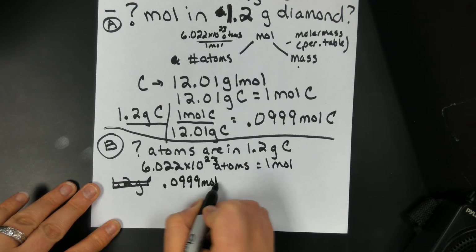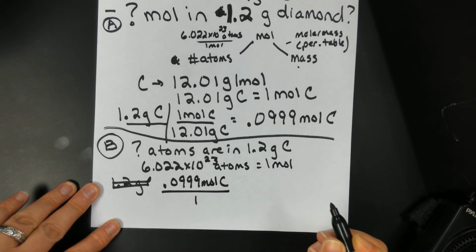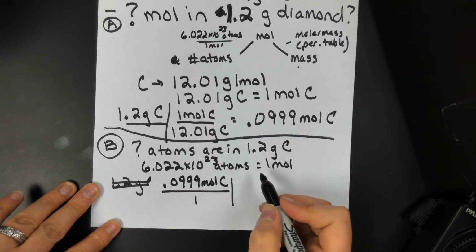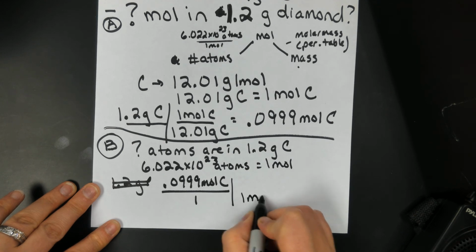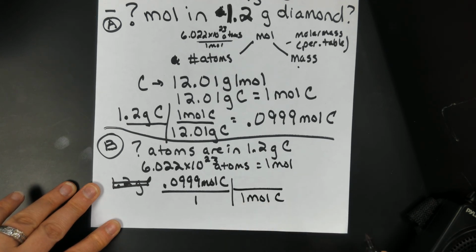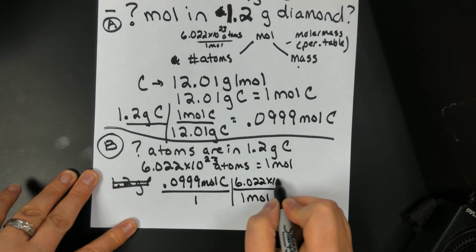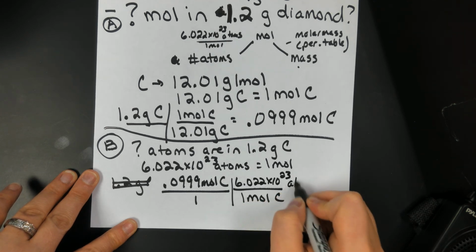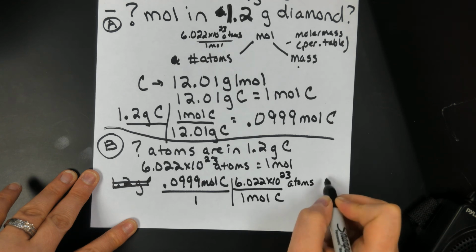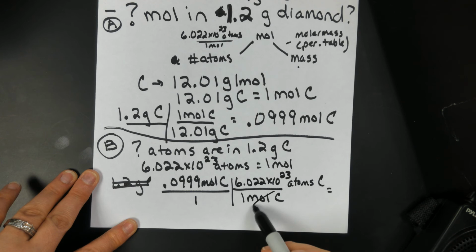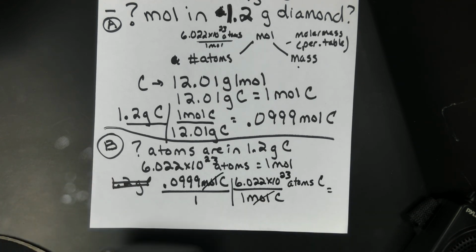Start with your given, 0.0999 mole of carbon, put it over 1, and I know that moles has to go on the bottom because atoms has to go on the top. So 1 mole of carbon is equal to 6.022 times 10 to the 23rd atoms of carbon. Moles will cancel out.